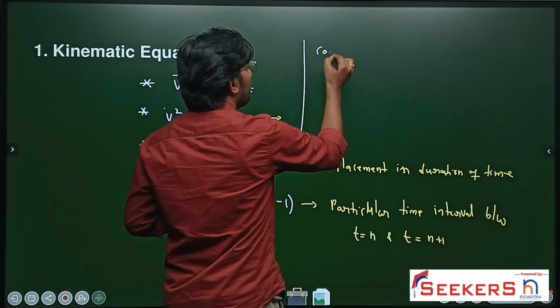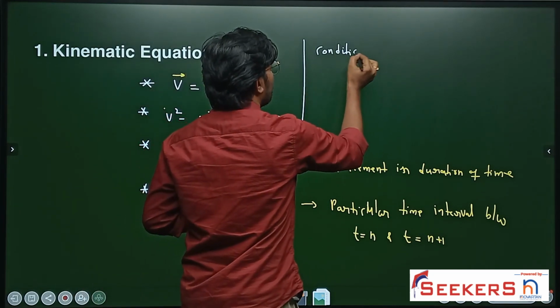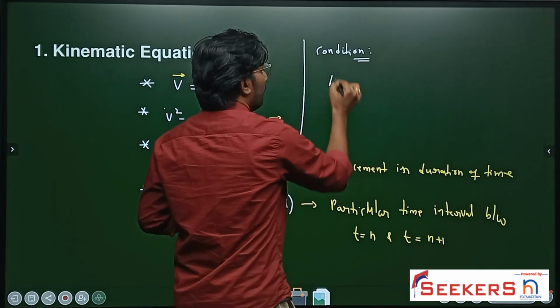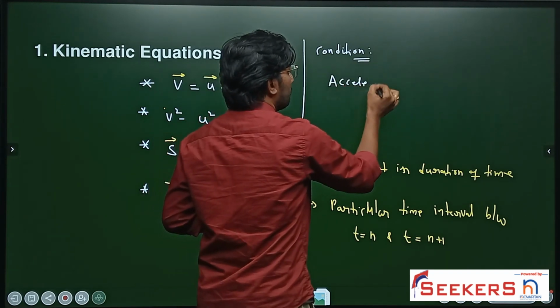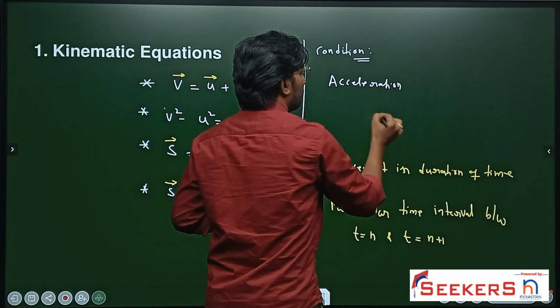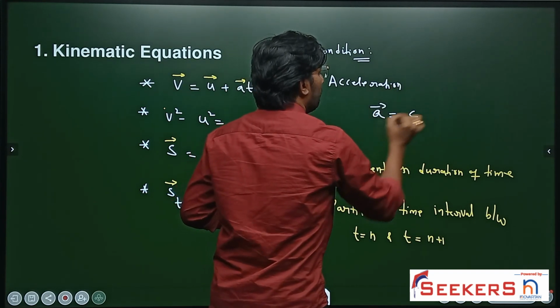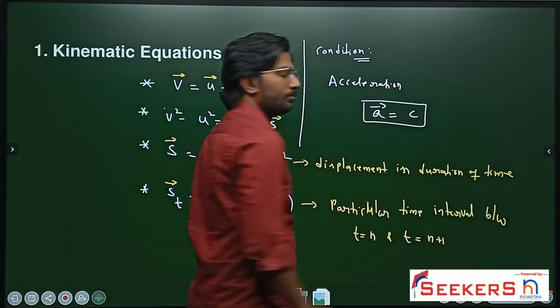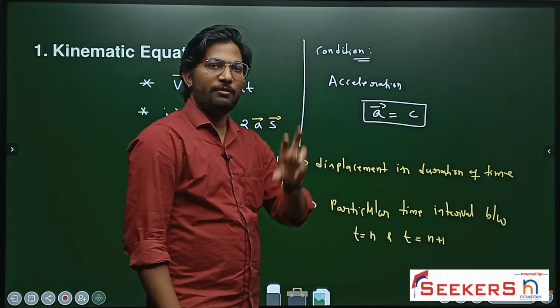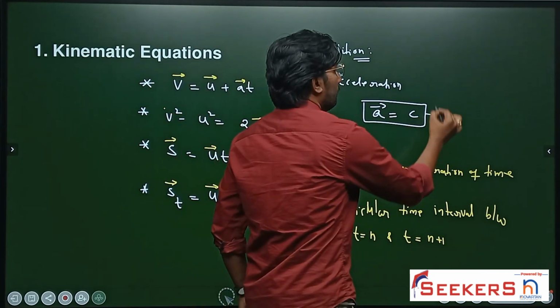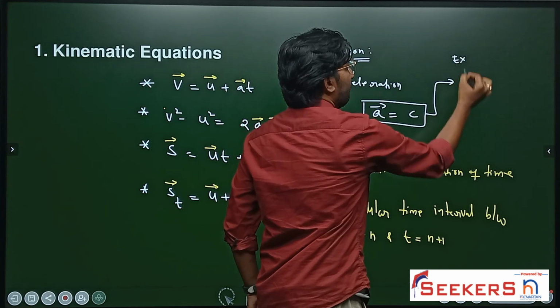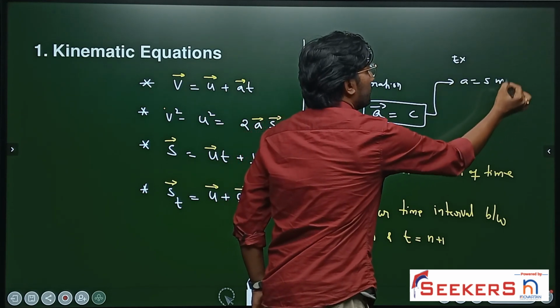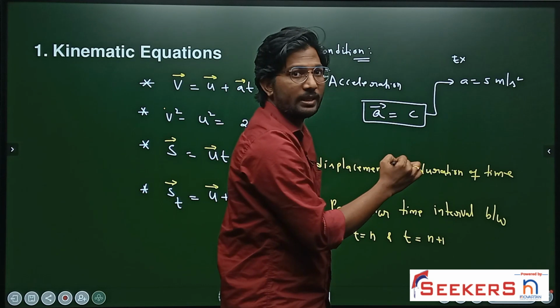So the condition is, acceleration a must be constant. So numerically, how can you identify? For example, if a is given as 5 meter per second square, that's a constant acceleration.